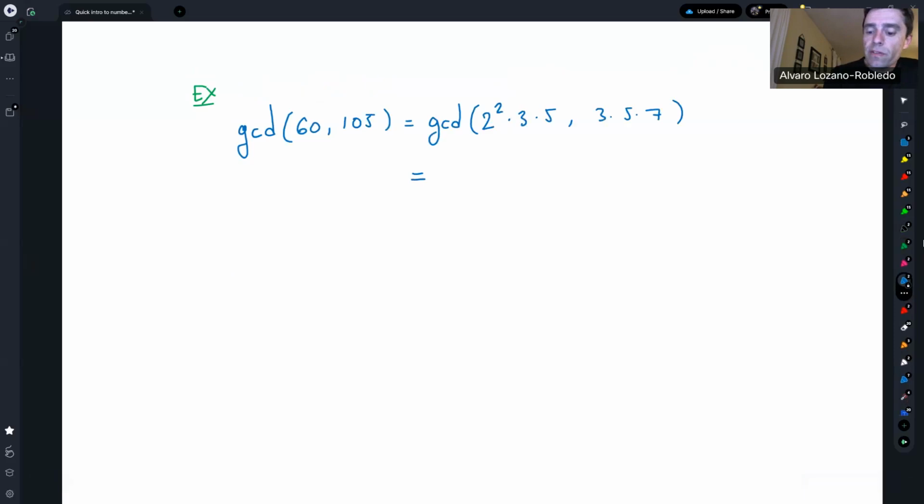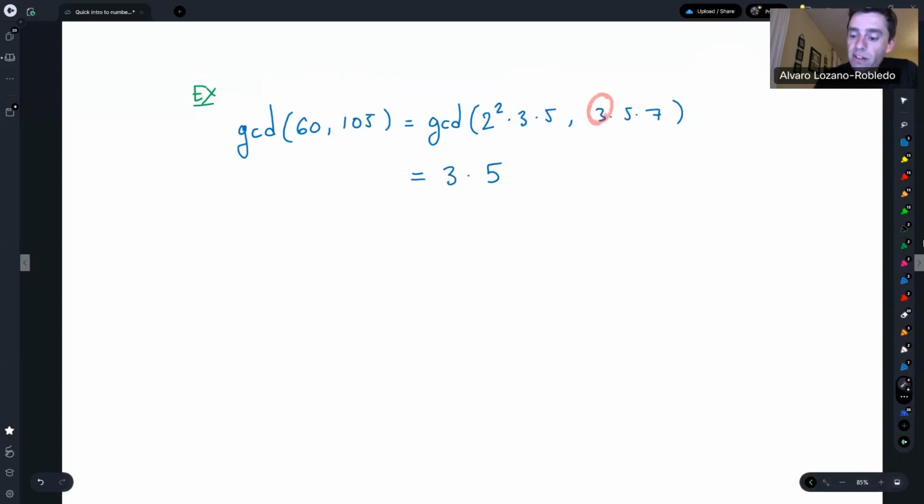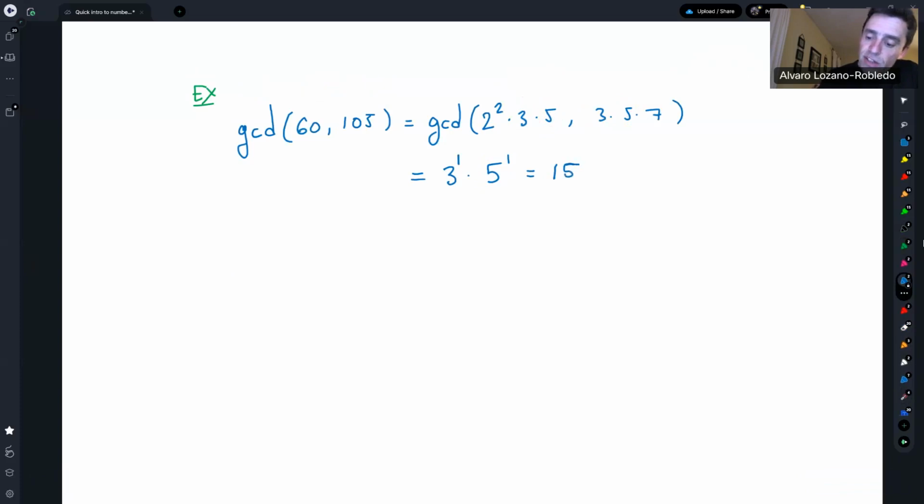And we know then that the GCD is going to be, first, what primes are common to both. 3 and 5 are common to both. And to what powers? Well, 1 is the largest power that divides both, but I can't do 9 because neither one is divisible by 9. And 5, also, it has to be to the first power. So they are to the first power, each one of those primes. So the GCD is just 15.